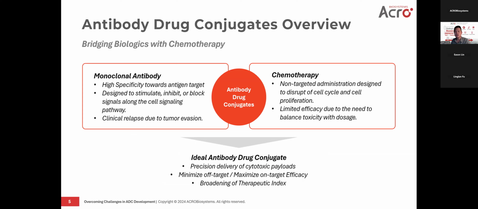In ideal ADC drug development, the design should amplify both the benefit of the monoclonal antibody and the cytotoxic payload in a precision medicine manner, by maximizing on-target efficacy and reducing limitations like off-target toxicity.